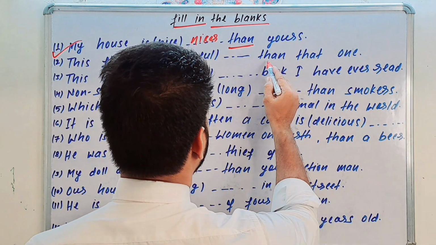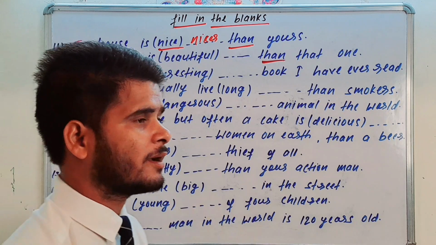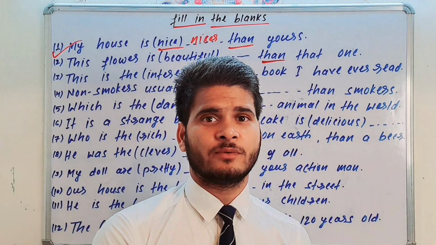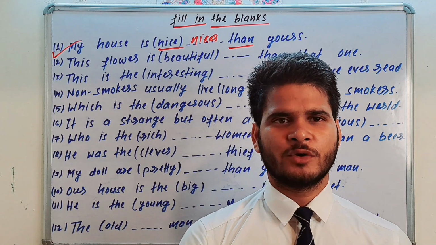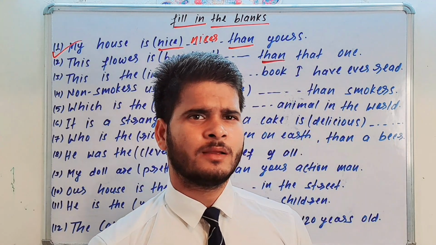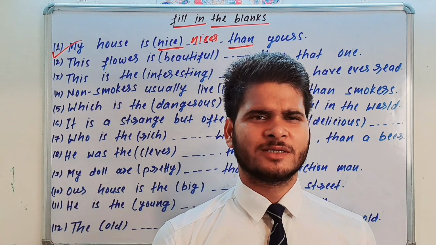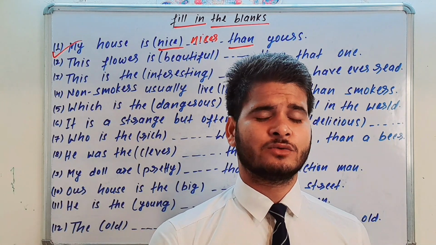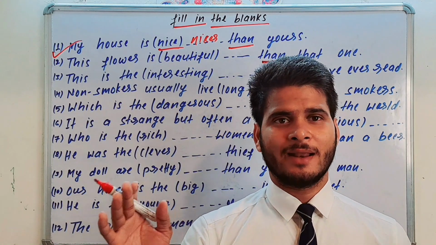The option is beautiful. Again "than" is used, so we have to put the comparative degree of beautiful. Some adjectives are converted to comparative and superlative by adding more and most.